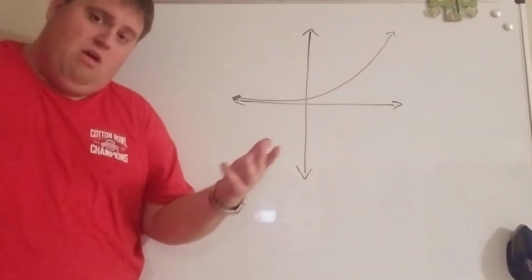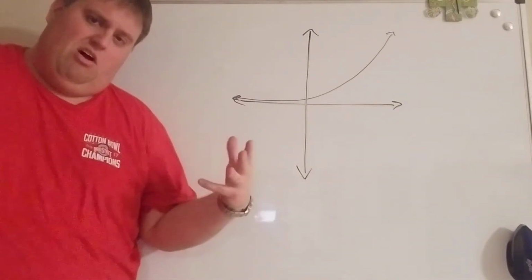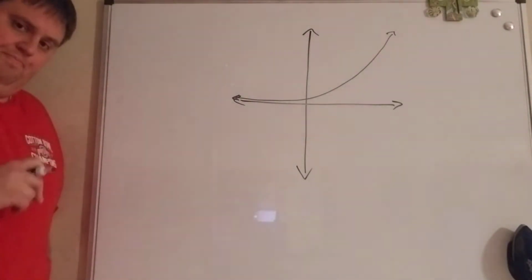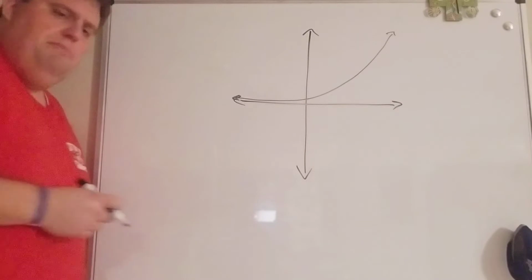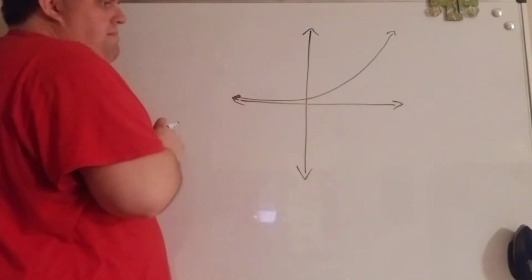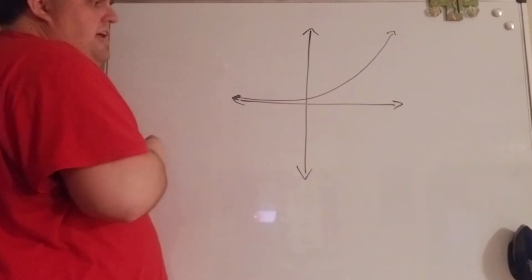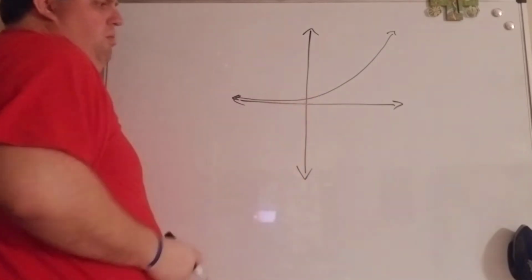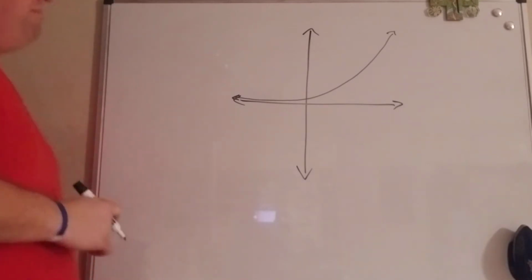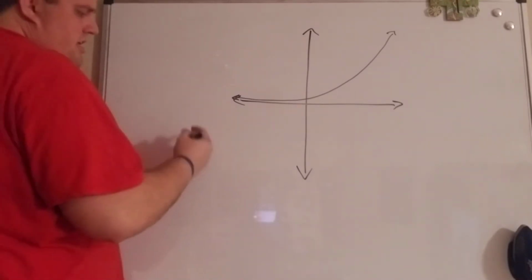There's a way to flip it. We're going to talk about all that at the end, all the shifts and stuff like that. But for now, we talked about this horizontal asymptote, and what that does, and how this point is (0, 1), and the basic function, stuff like that. But what about domain and range?